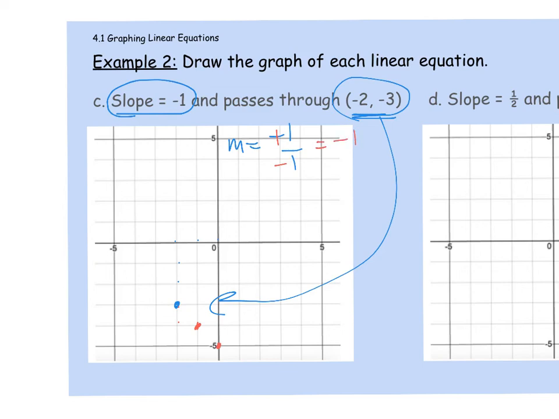I could go up 1, back 1. Up 1, back a -1. And there's my line. And you can see as it goes to the right, it's going down, and that's because it has a negative slope. If it was positive 1, then that bad boy would be going in this direction. But it's not a positive slope, so we're good like that.